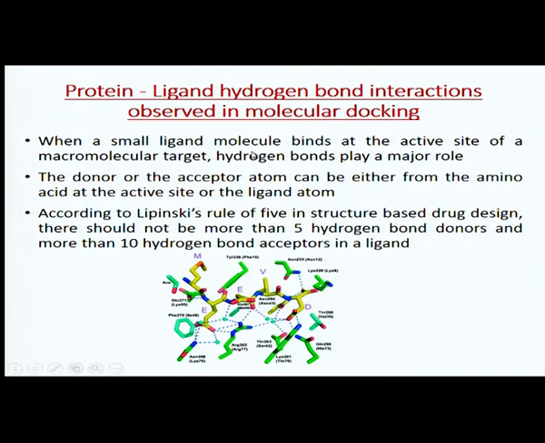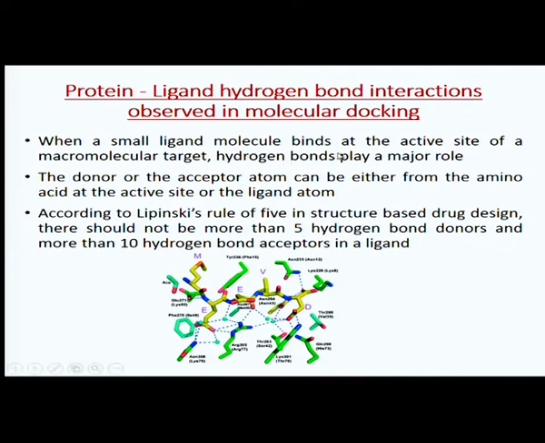When a small ligand molecule binds at the active site of a macromolecular target, the hydrogen bonds play a major role. The amino acid atoms or the ligand atoms in the small molecule may act as donor or acceptor, and as we have seen already, for hydrogen bond what we need is a donor which is already bonded to hydrogen and an acceptor to receive the hydrogen.